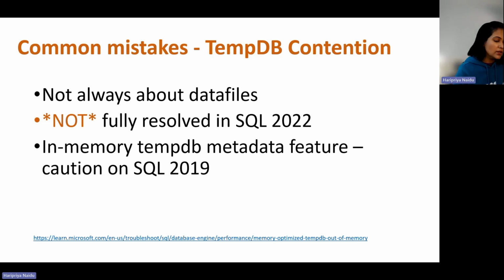And the third one is not a mistake, it is more like a caution. On 2019, this new feature that I talked about, the in-memory TempDB metadata feature, does not work at its optimal level. It is known to cause some unexpected server restarts during the middle of the day because it does not do the cleanup job very well. So I do not recommend enabling this feature on 2019.